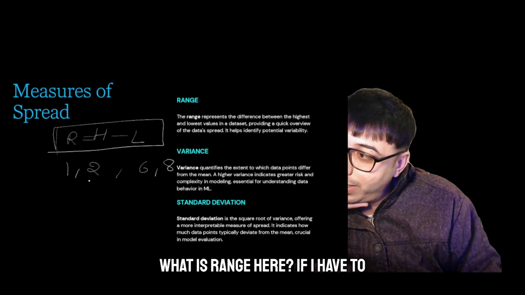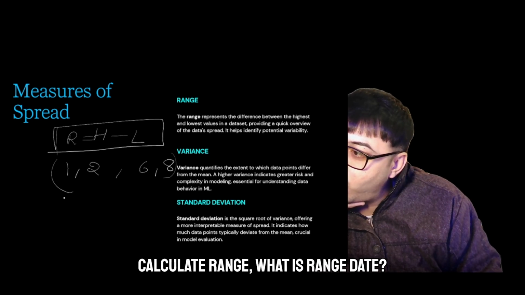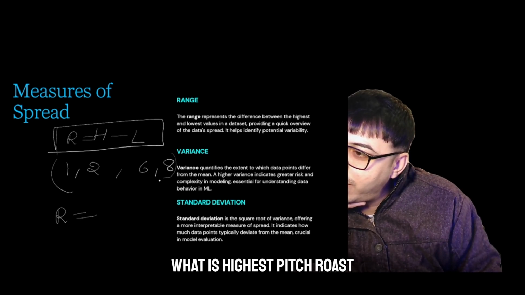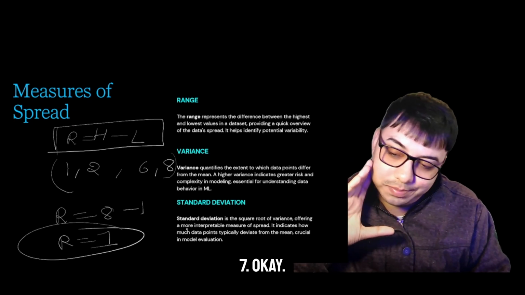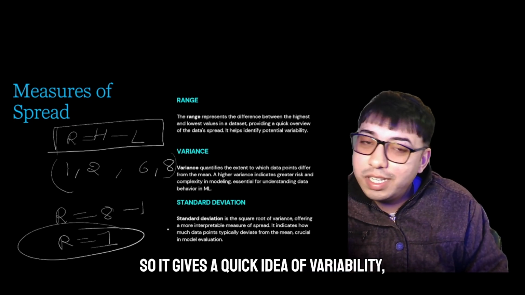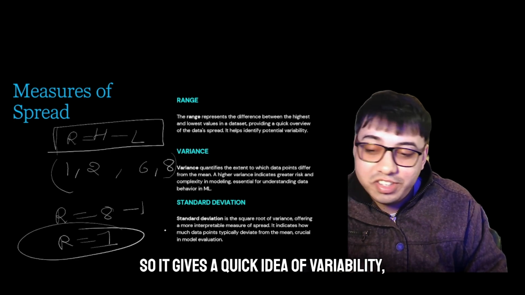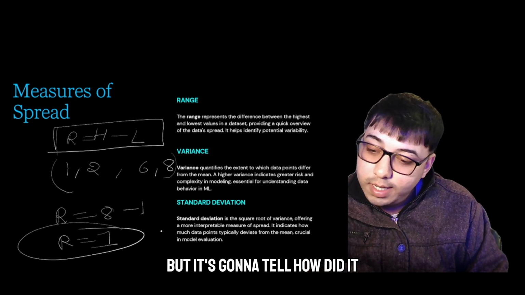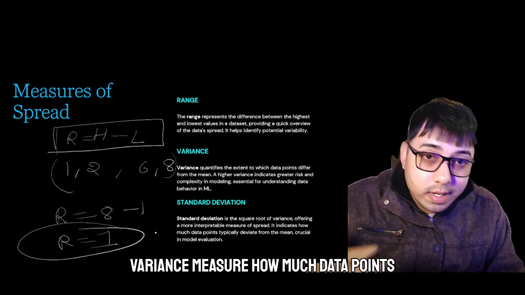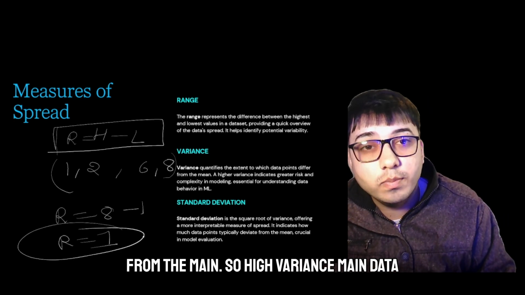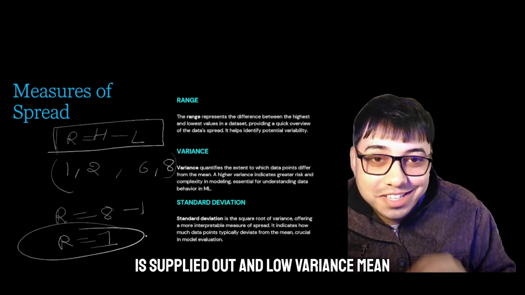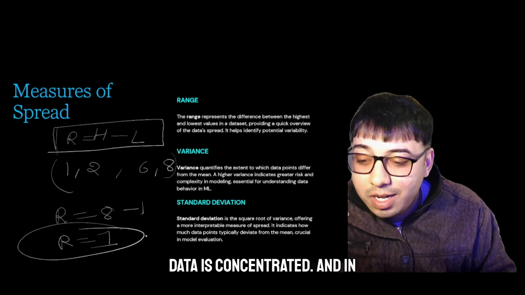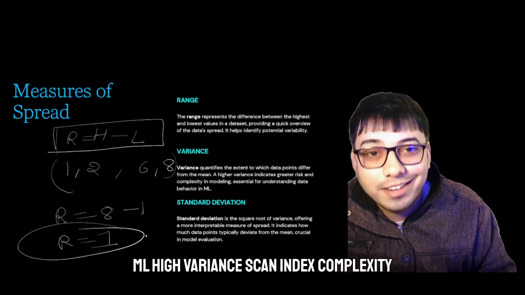If I have to calculate the range, what is the highest? 8. Lowest? 1. Range is 7. It gives a quick idea of variability, but it doesn't tell how data is distributed in between. And what is variance? Variance measures how much data points differ from the mean. High variance means data is spread out, and low variance means data is concentrated. In ML, high variance can indicate complexity and risk.